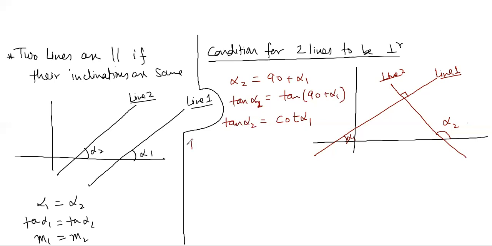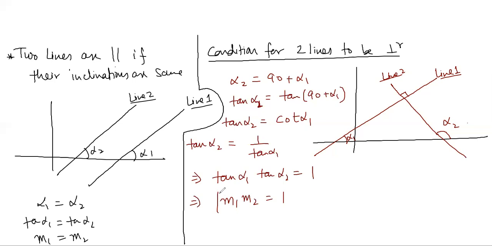So tan of alpha 2 will be equal to 1 upon tan of alpha 1, and it will give you tan of alpha 1 into tan of alpha 2 is equal to 1. Means that the product of their slopes will be equal to, so the condition for two lines to be perpendicular is that the product of their slopes should be equal to 1.